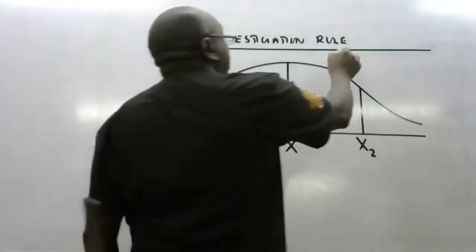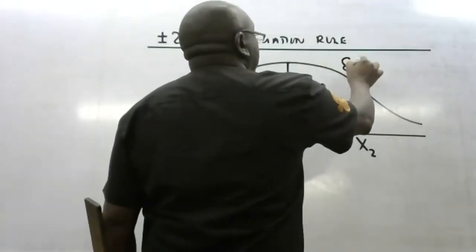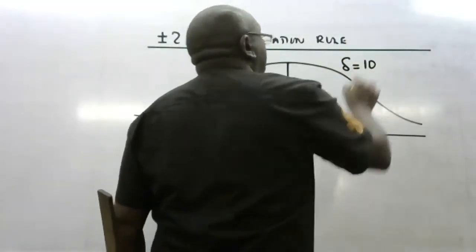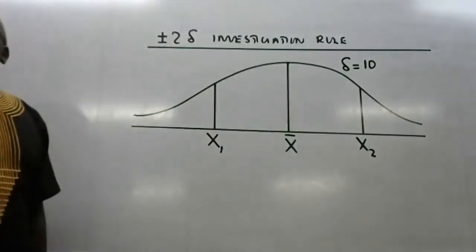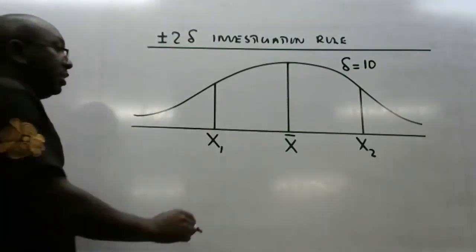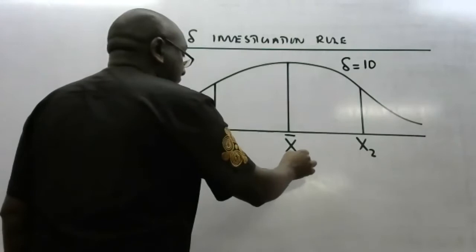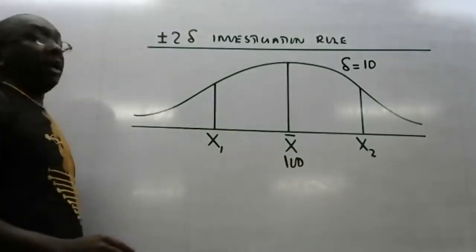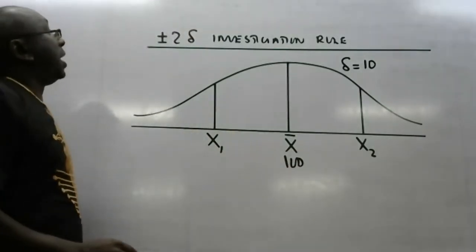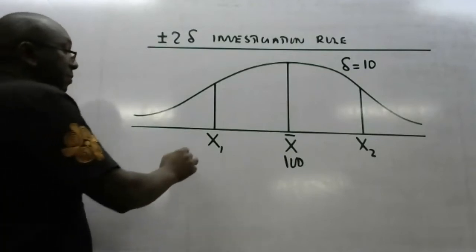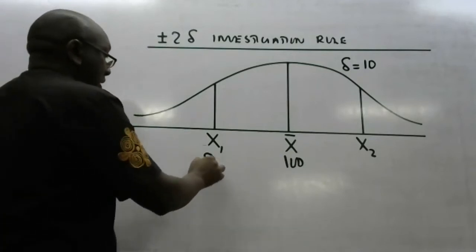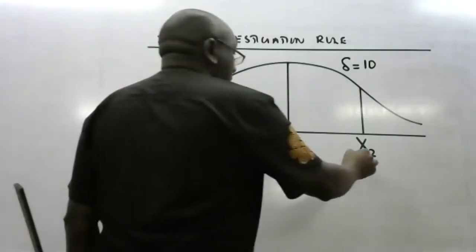Then the standard deviation is put here. From what we learned, the standard deviation is 10, the mean is 100. And according to this rule of plus or minus 2 standard deviation, this must be 80 and this must be 120.